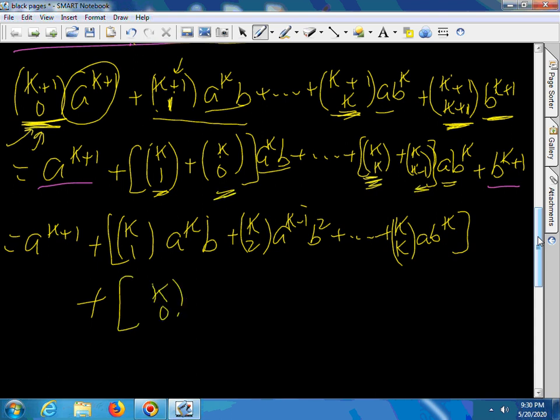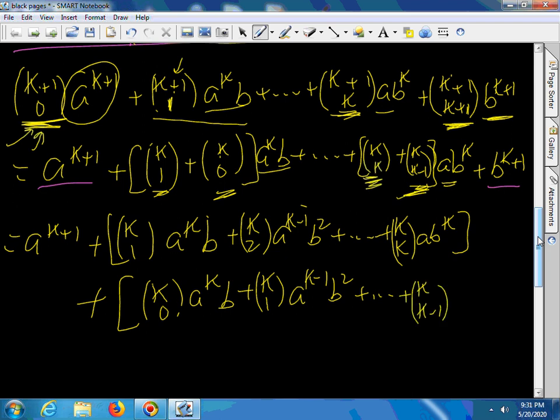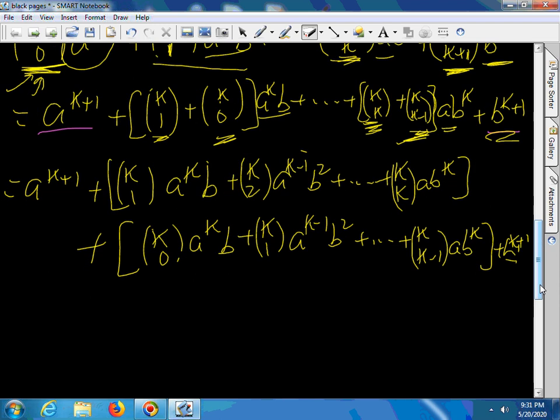We have k choose 0, a to the k times b, plus k choose 1, a to the k minus 1 b squared, all the way down to this one here, plus k choose k minus 1, a b to the k, plus, don't forget, b to the k plus 1. Okay. This is called alphabet soup.